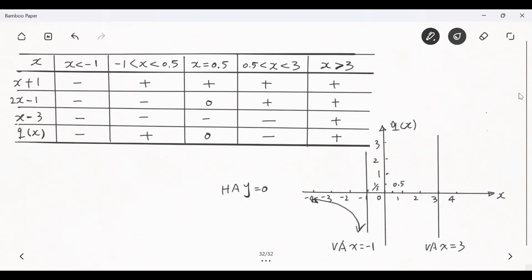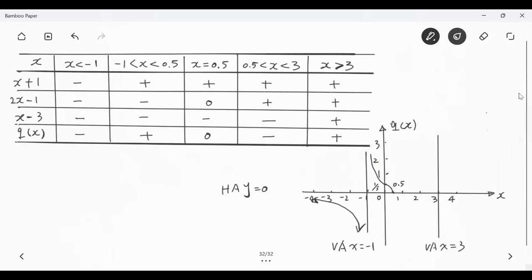And in the middle, we know the x-intercept is 0.5, right? And for x less than 0.5, the y is positive, and also passes through the y-axis. So we connect two points, the x-intercept and y-intercept.